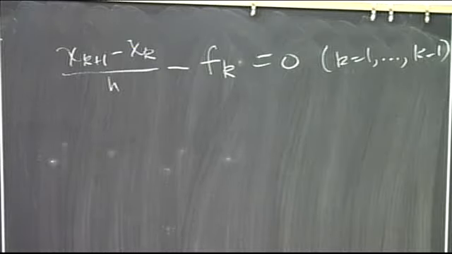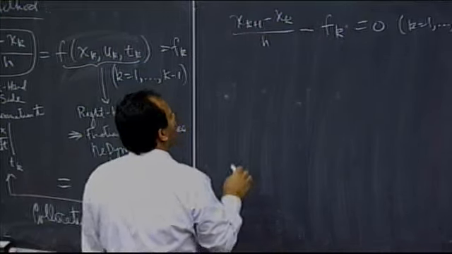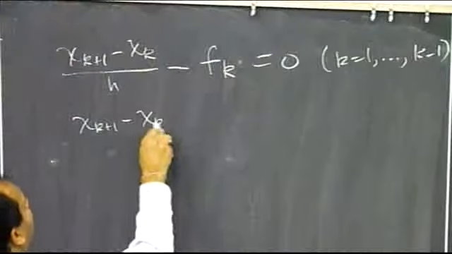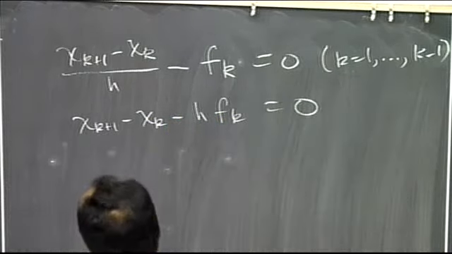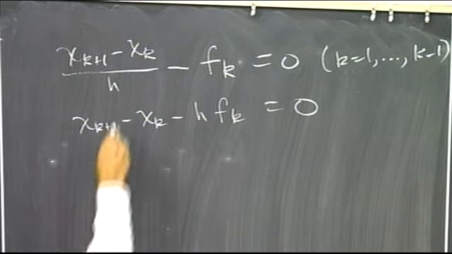Now, generally, we don't write it with the h in the denominator, but that's just a scale factor. So this becomes x_{k+1} minus x_k minus h times f_k is equal to 0. If I really want to be strict about this, let's put a k on everything.